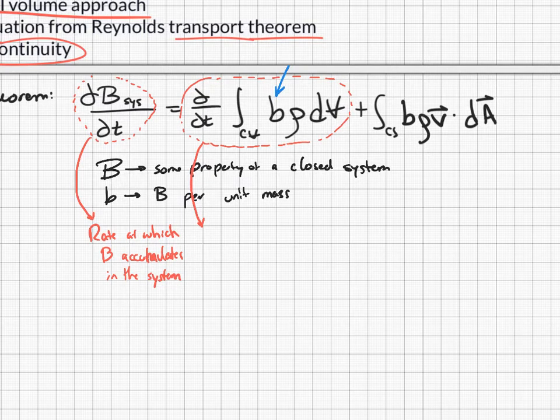Let's suppose capital B is momentum. No, let's not make it momentum. Let's make it salt or something. So this is salt in the system. So capital B is salt, and lowercase b is salt per unit mass. So maybe it's salt per kilogram of salt water or something.